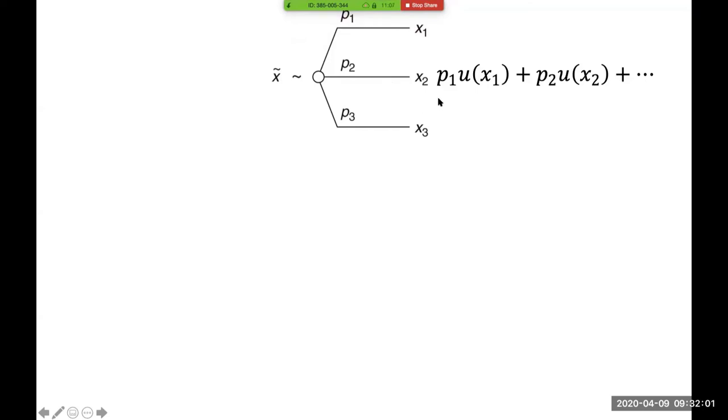The way to find that is to use the probability of the first prize times the U value of the first prize, then add to it the probability of the second prize times the U value of the second prize. And if you have a third prize, that will be plus the probability of the third prize, P3, times the U value of the third prize, U of X3. Okay, so that's how we find the U value of this uncertain deal.